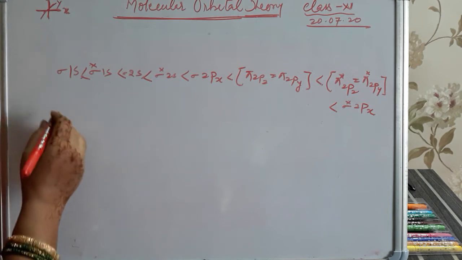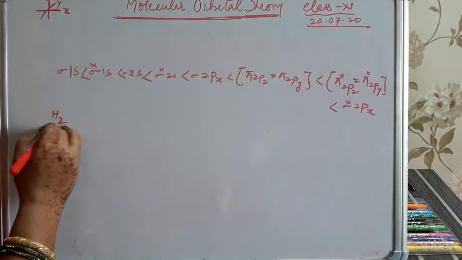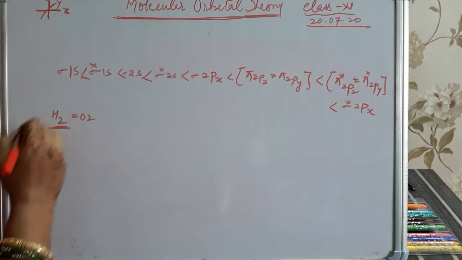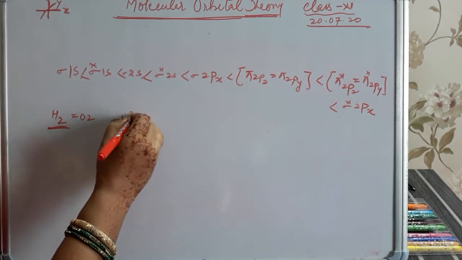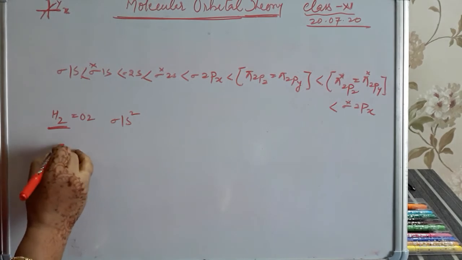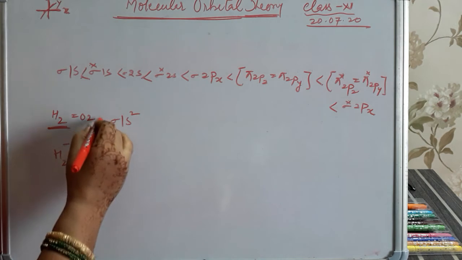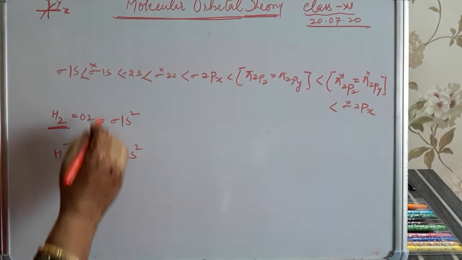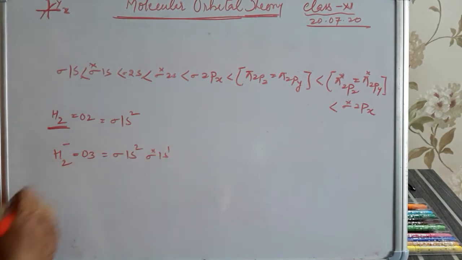So we write down the configuration, how the different electrons are filling. For example, at first we write down the H2. It has total number of electrons 2, so the configuration becomes sigma 1s2. If we write down the H2 minus, the total number of electrons is 3, so it becomes sigma 1s2, then sigma anti-bonding 1s1.